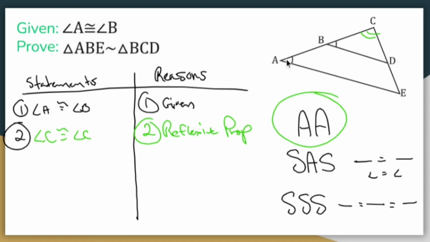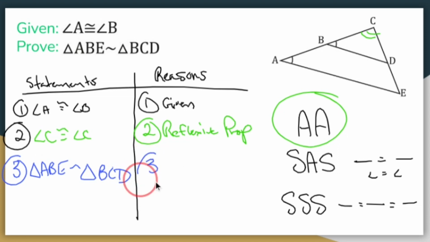Now that I have these 2 angles and this angle is exactly itself, I've done enough. Okay, triangle ABE, rest in peace, Prime Minister of Japan, is similar. Ooh. In being reverential to the deceased, I accidentally screwed that up. ABE is similar to BCD, and I used AA.